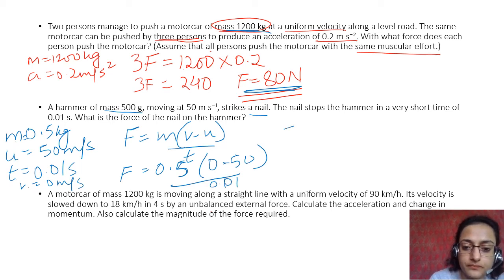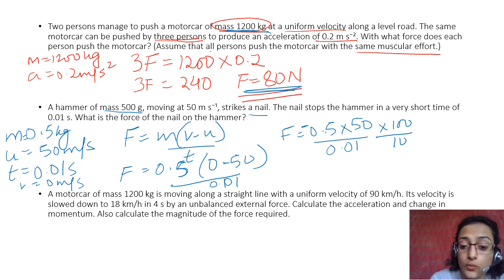So this is minus 50 into 0.01. What we can do is multiply it by 100 and divide it by 10 to remove the decimals. Sometimes it is easier to take a longer route because if you make mistakes with decimals, your answer can go wrong. Okay, right? 5 into 50 upon 1 into 10, and this is 100.